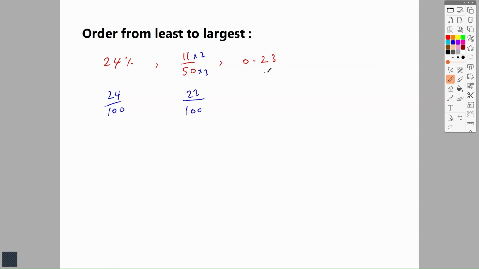And the last one is a decimal number, 0.23. We know that we have tenths and hundredths, that means it's 23 over 100. And now we can easily arrange the numbers. The least one is 22 over 100. The second one is 23 over 100. And the largest number is 24 divided by 100.